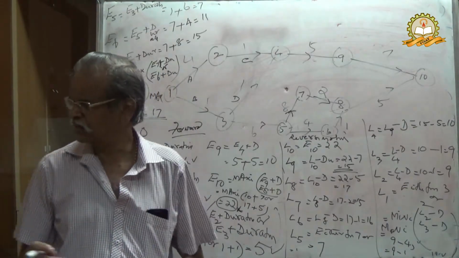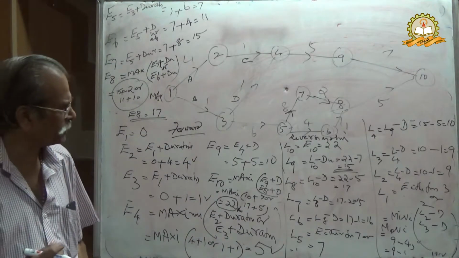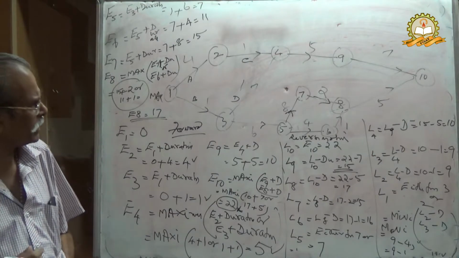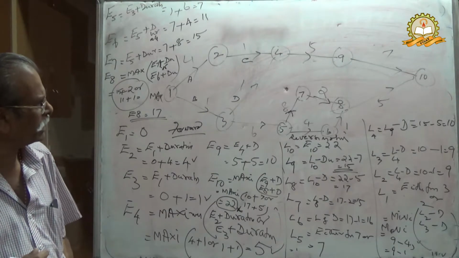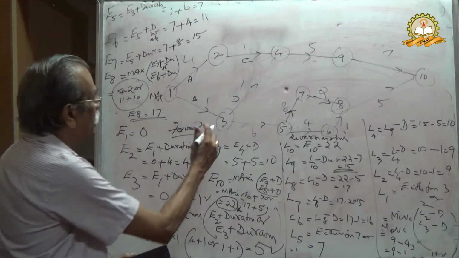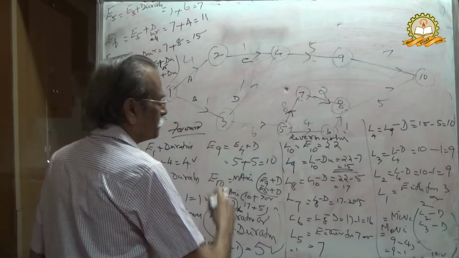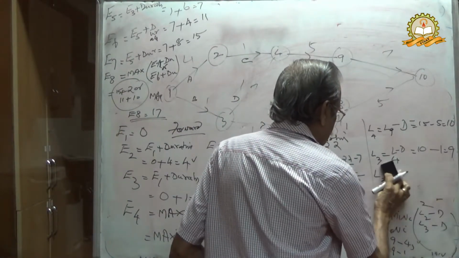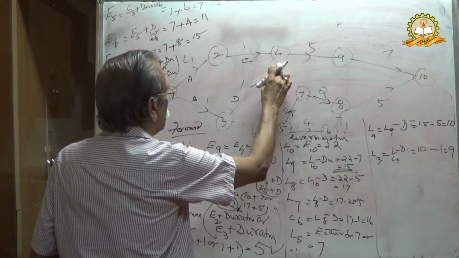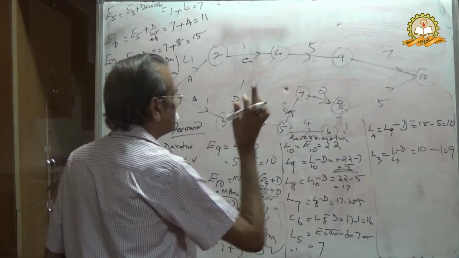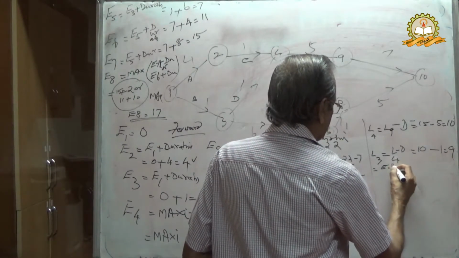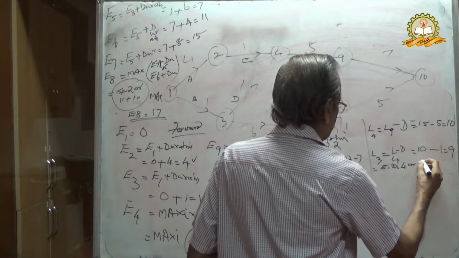I'll check it again, sorry. L4 equal to 10. L3, there is a small change, you think of L3. L3 can be reached either from 4 or from 5.